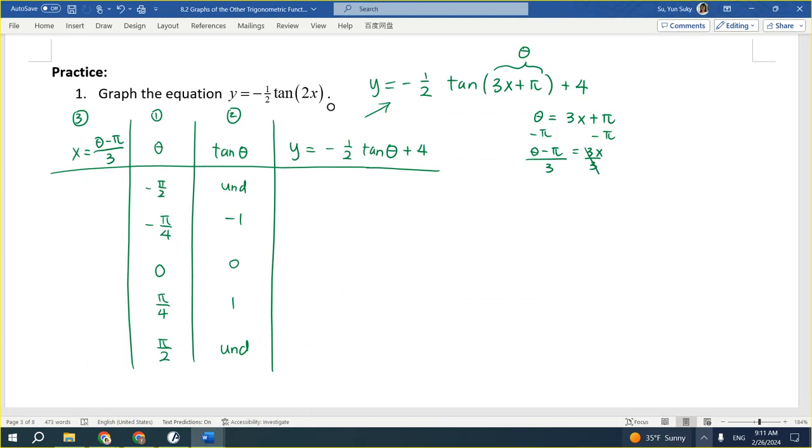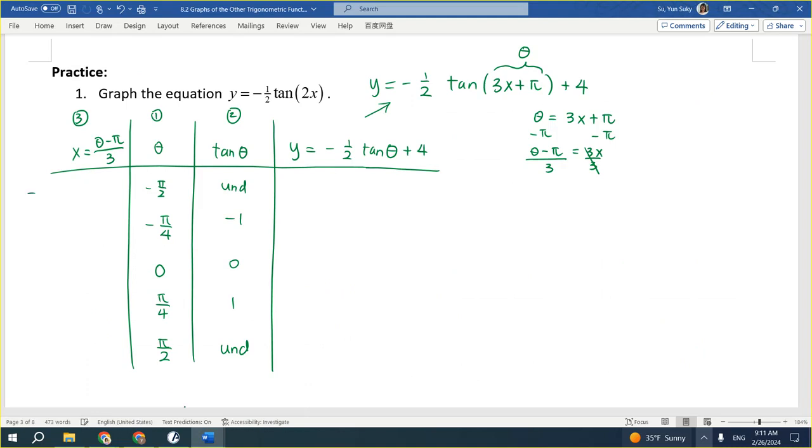So we find the relation between x and theta. We can use this relation to find the x column. Everybody ready up to this step? Okay, let's plug in different theta values.